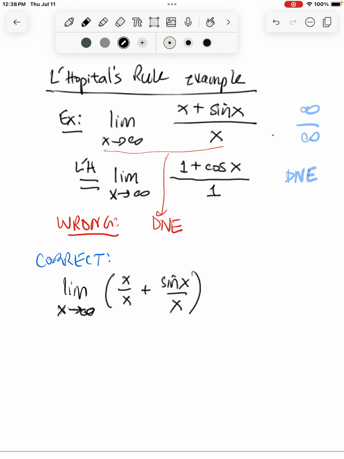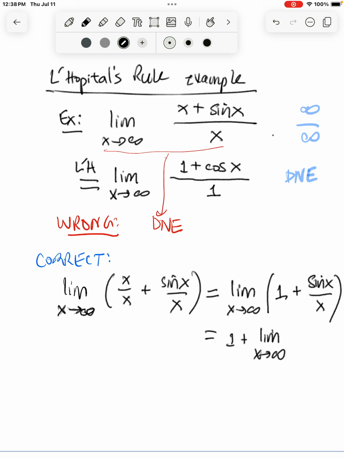All I did was split up the fraction, and then this is equal to the limit as x goes to infinity of x over x, which is 1, and then you have sine x over x. So I have 1 plus the limit of sine x over x. I can move the limit inside. That's a property of limits.